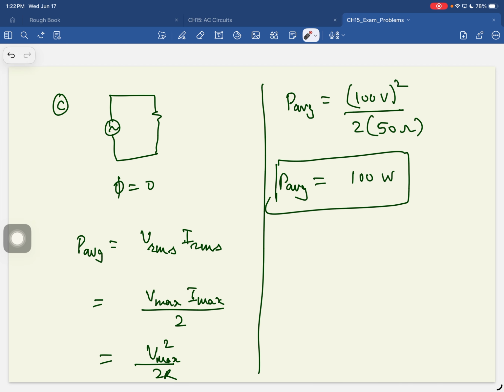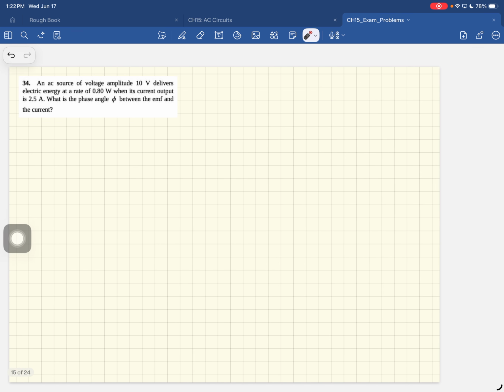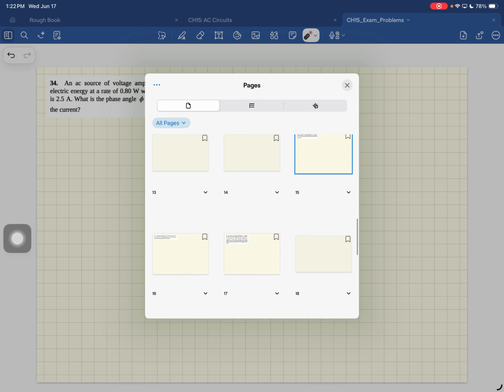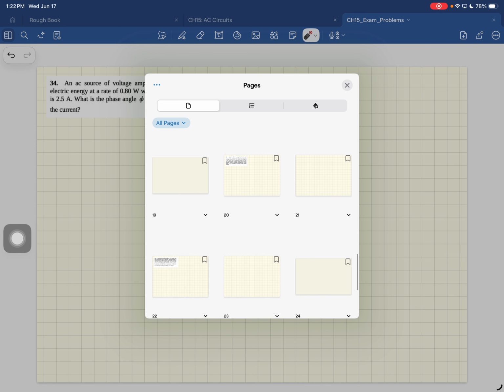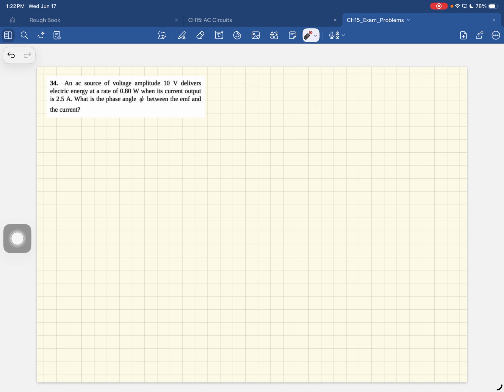And the resonant frequency is when XL is equal to XC. C is 5 microfarads.